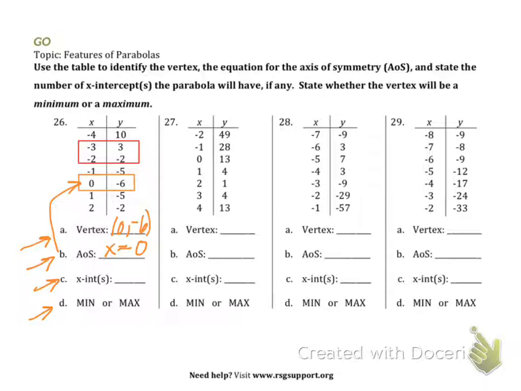Then, because I know that it's changing direction here, I know that it's also going to change direction somewhere else down there. So I will say with confidence that there are 2 x-intercepts. I also know that -6 is the lowest this value is going to go. Everything else is going to have to be bigger. So I will say with confidence that this has a minimum value.